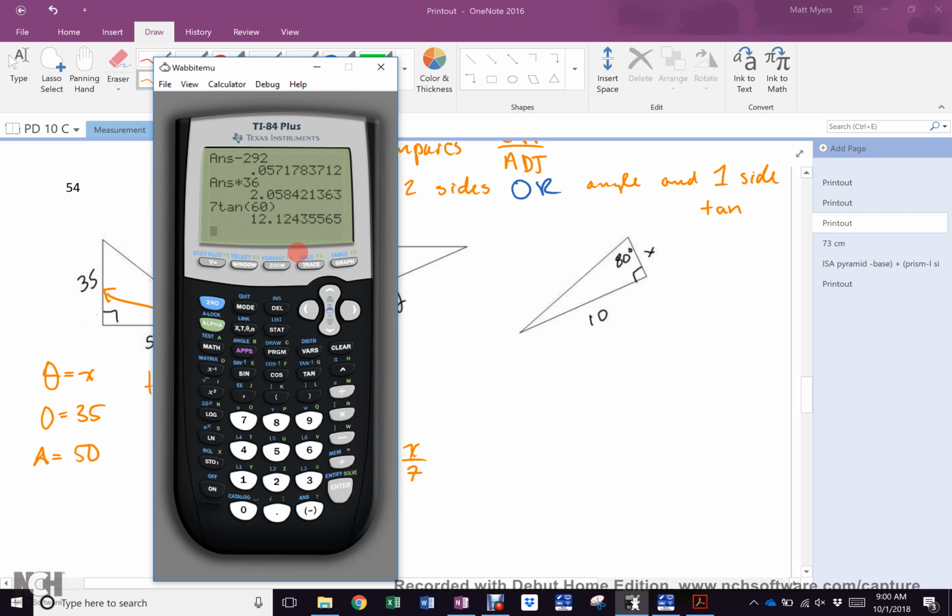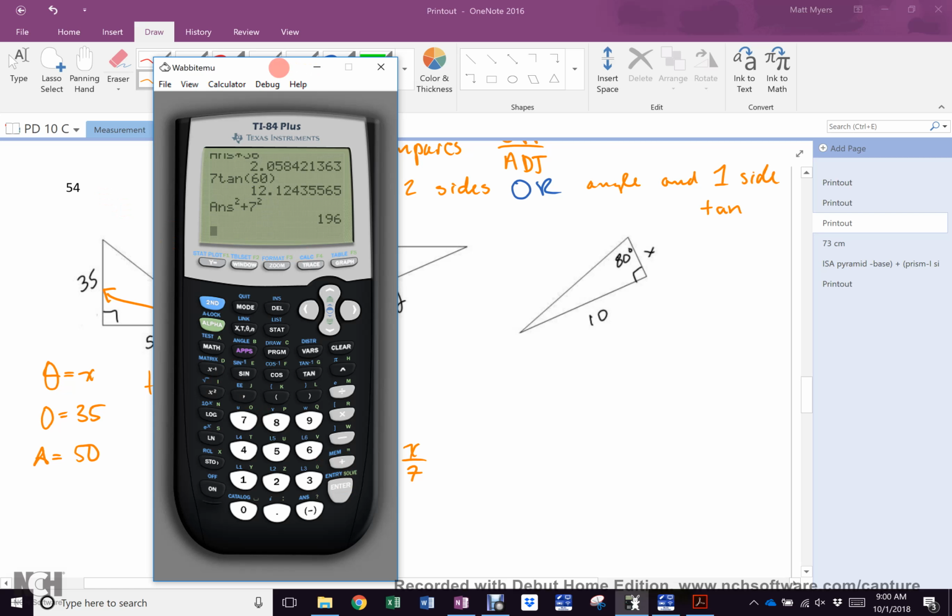If I round it to 12.1 and use that, am I going to get as good an answer as if I didn't? No. So leave it on there. I know that I need to square that. I need to add 7 squared, wasn't it? 7 squared equals that, and then I need to square root it to get 14.